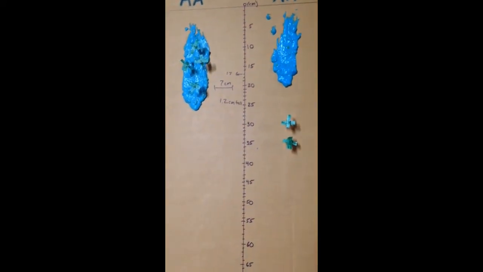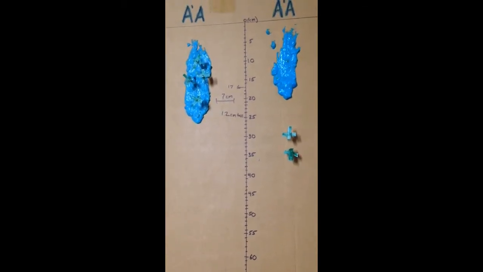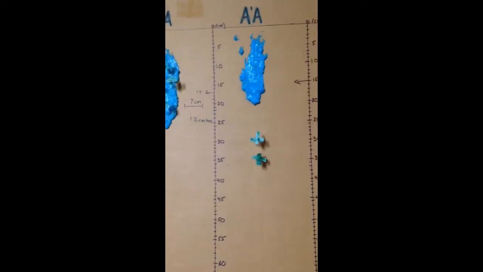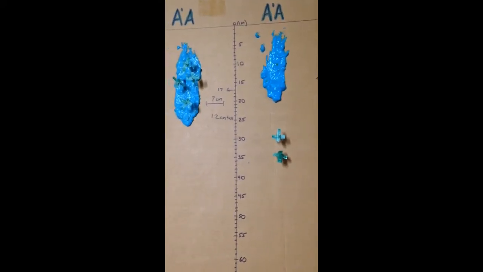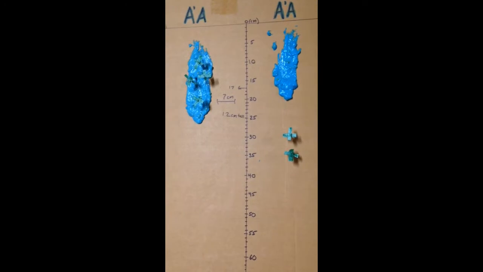When moving to our A'A lava flows, both times we saw the width of the flow about 7 centimeters, a height of 1.2 centimeters, which is a little less than 10 times the height of our Pahoehoe flow. And overall lengths ranging from around 15 to 17 centimeters.